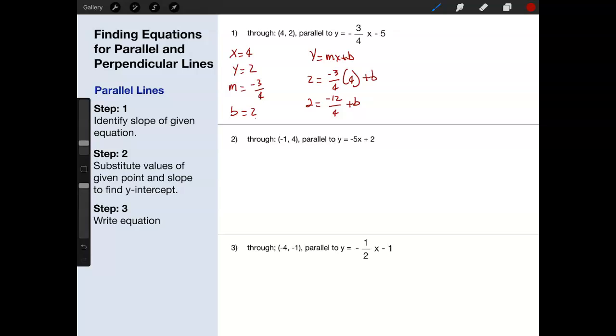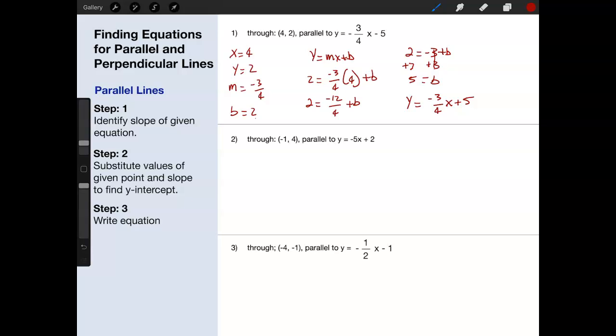And negative 12 over 4 equals negative 3. So 2 equals negative 3 plus b. Now to solve for b, we add 3 to both sides. And b equals 5. Now we have everything we need. We can write our equation, y equals negative 3 over 4x plus 5.